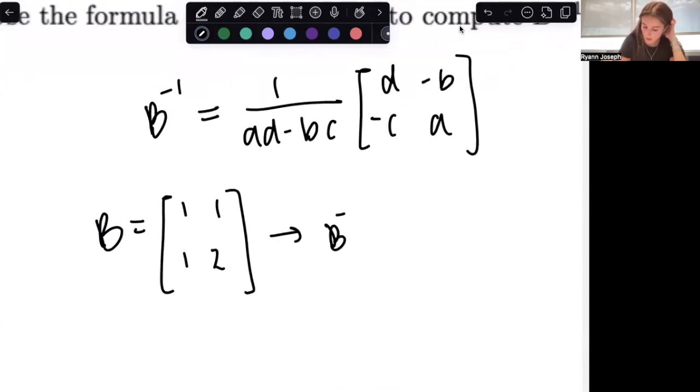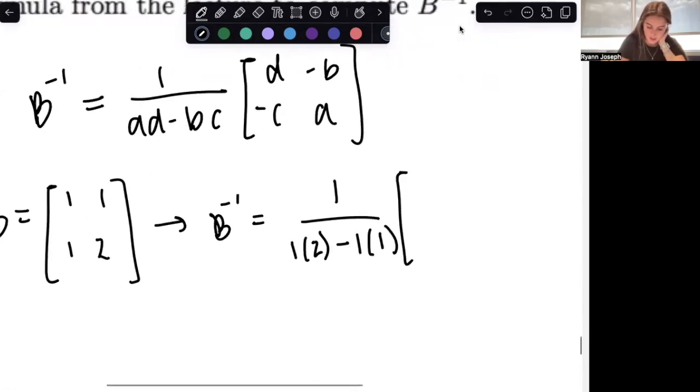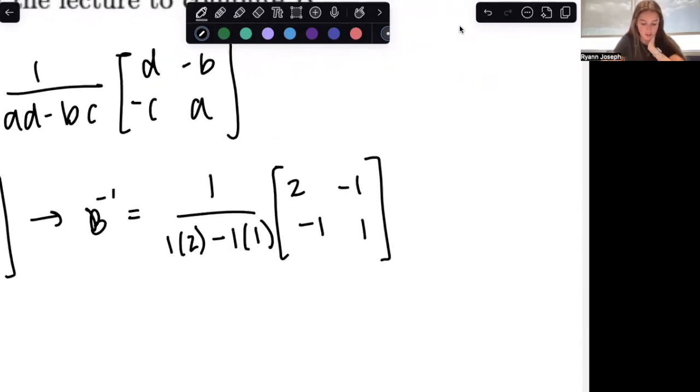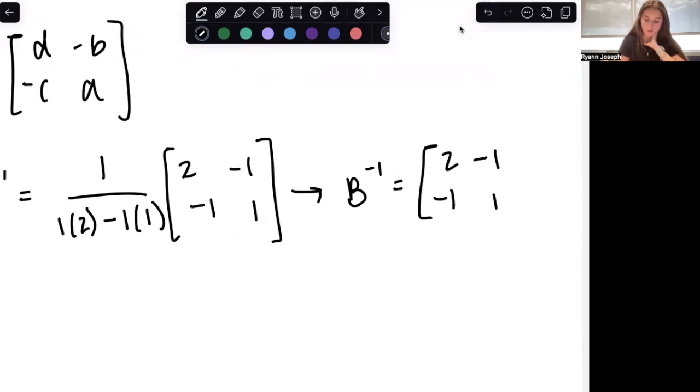So the inverse of it is going to be 1 over (A times D minus B times C), multiplied by the matrix where we switch A and D, so 2, 1, and then negate B and C, negative 1, negative 1. 1 over 2 minus 1 is just 1. So the entire thing, the inverse, is [2, negative 1; negative 1, 1].